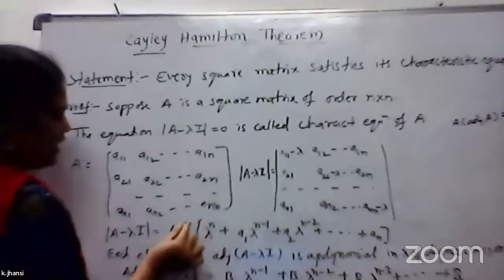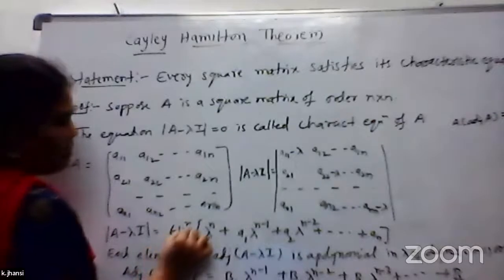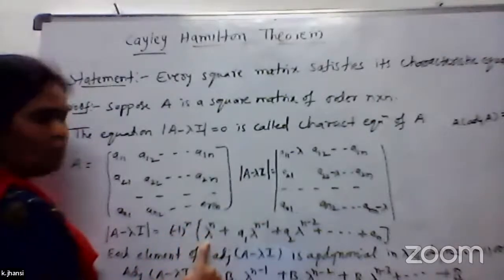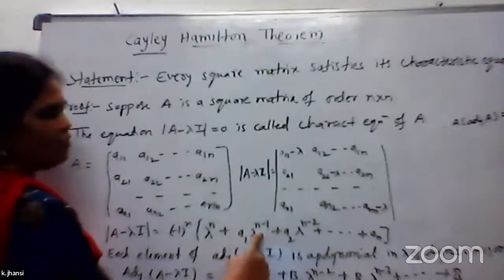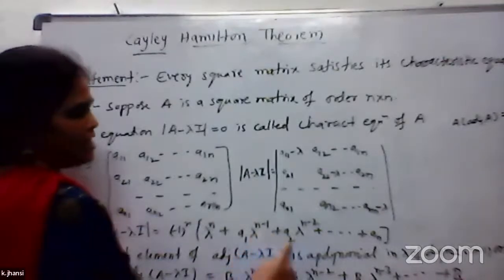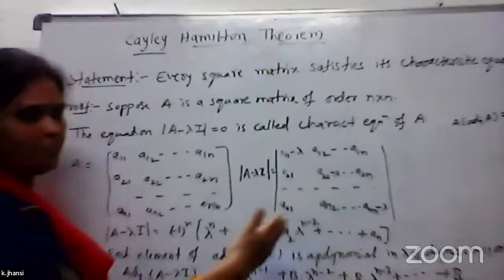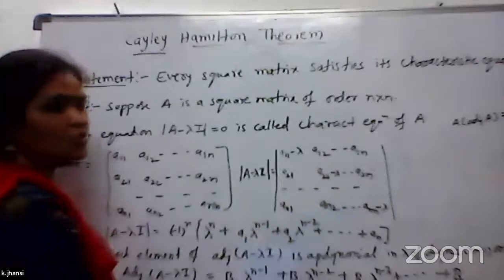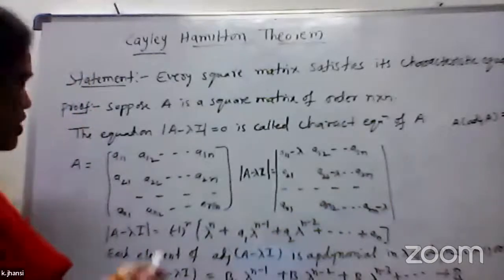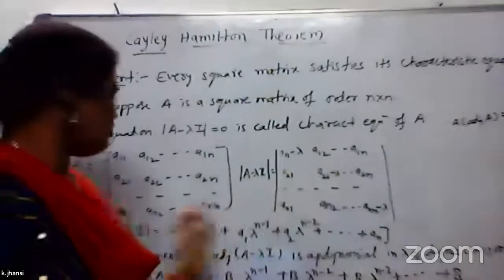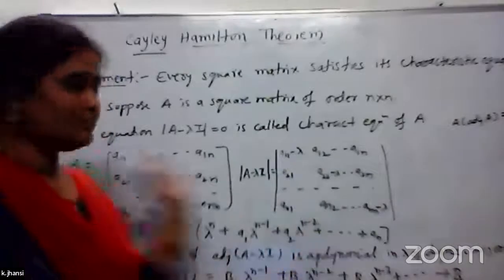So that's why we take (-1) to the power of n, lambda to the power of n, plus a1 into lambda to the power of n minus 1, plus a2 into lambda to the power of n minus 2, and so on. And the last you will get the constant element. So when you find the determinant of this, you will get this polynomial.